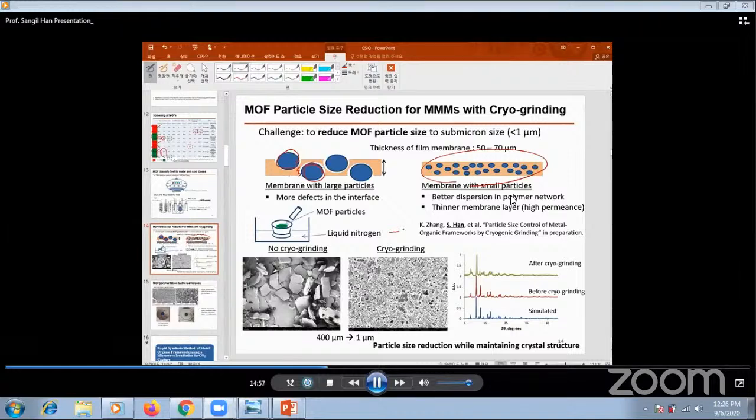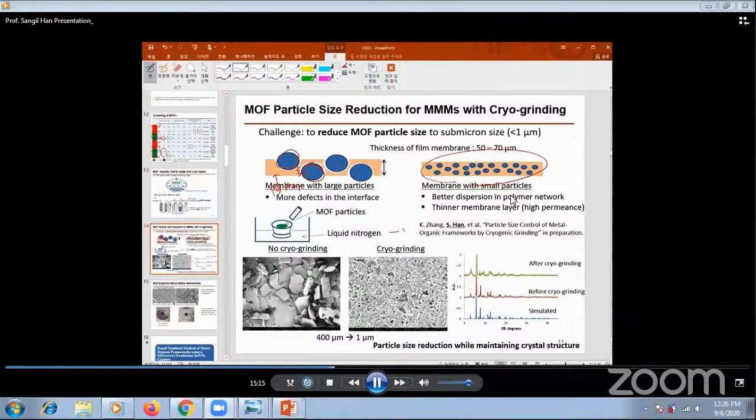This is polymer. When there is a gap or defect, the membrane performance decreases significantly. So we have to avoid the defect or the gap between particles and the polymers.